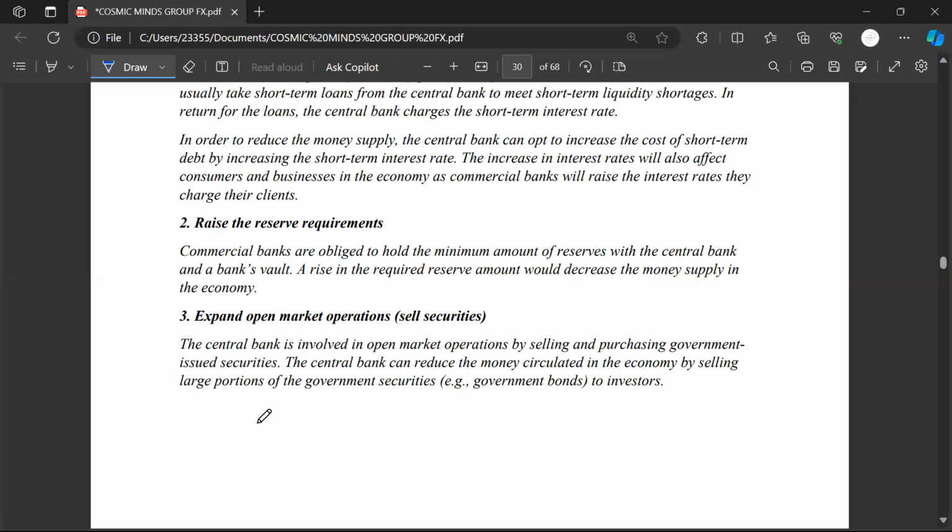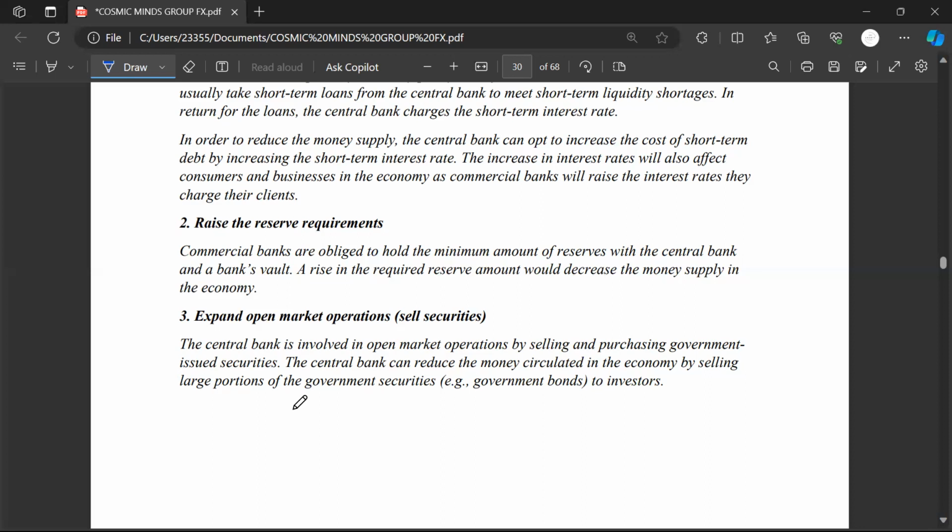When they buy these large portions, what is left for investors is small. Huge sums of that security have been taken away from the economy, from the system, so the rest left is very small. Hence they are controlling that. The money left in the system is very small, right? So I think you have the picture of that.